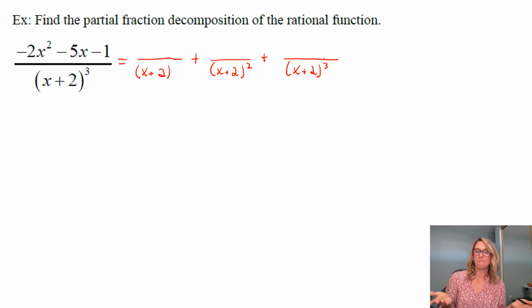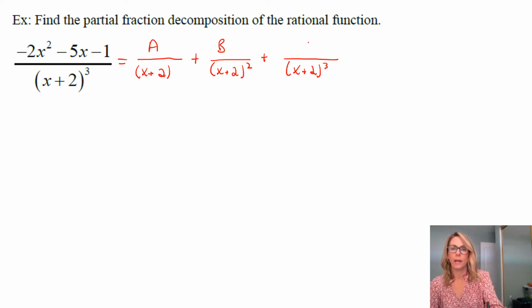That's the key. In a situation where you have repeated linear factors, you need to create multiple denominators where, depending on how high you need to go, you include a factor with that degree. But it is still just A, B, and now we'll have C. In general, the method is the same. Now we have 3 variables, A, B, and C, that we're trying to find. They're constants, but we are trying to find out what they are.